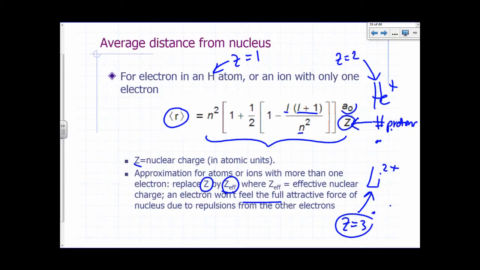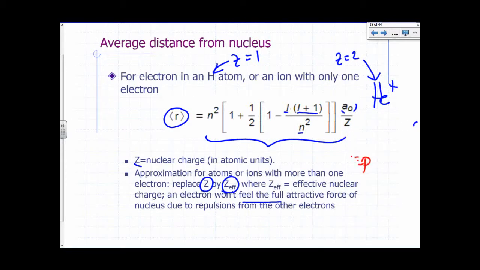For example, let's say you have helium. You have 2 protons in the nucleus, and you have an electron. This electron is going to feel the force of 2 protons if there was no other electron there.